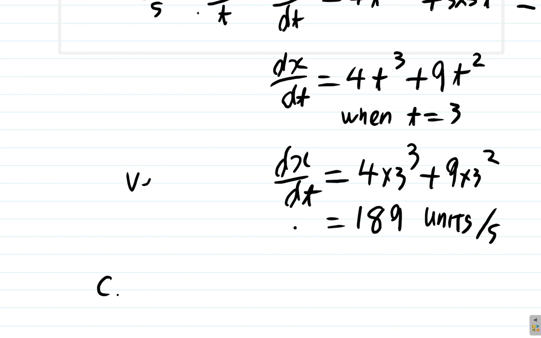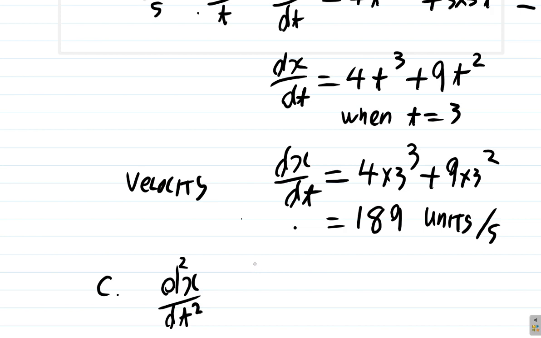This is velocity, the rate of change of distance with time. So to get the rate of change of velocity with time, we're going to differentiate again. So what we're really finding is d squared x by dt squared.